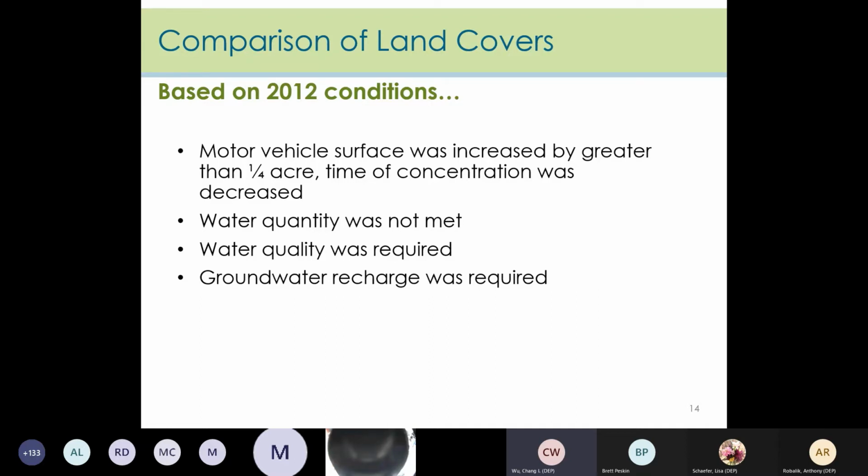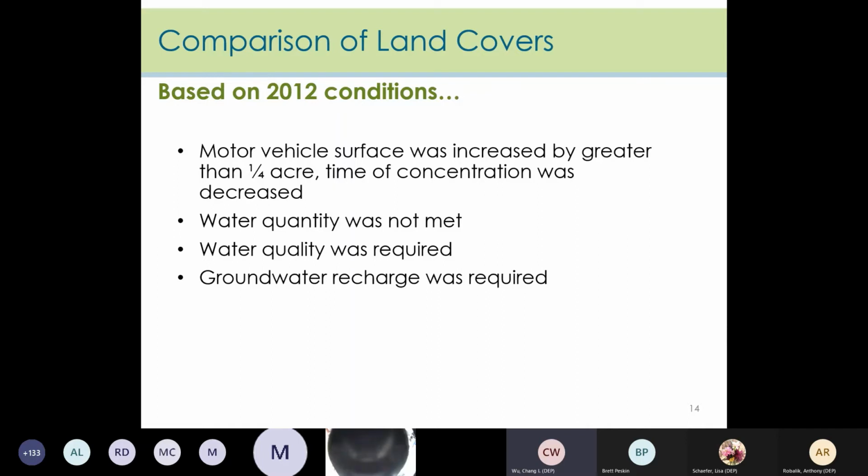And under the amended rules, that would be more than a quarter acre of motor vehicle surface. So the time of concentration was decreased because it's a smooth surface, the peak flow rate would be greater, and they cannot maintain the same hydrograph.